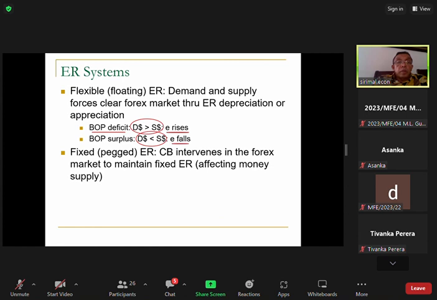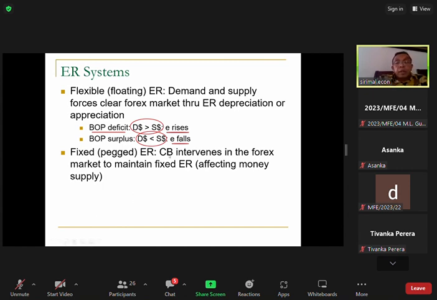Now, the fixed exchange rate system. Before we come to floating exchange rate, that is before the 1970s, the world had fixed exchange rates. I will explain the historical process in a little while.